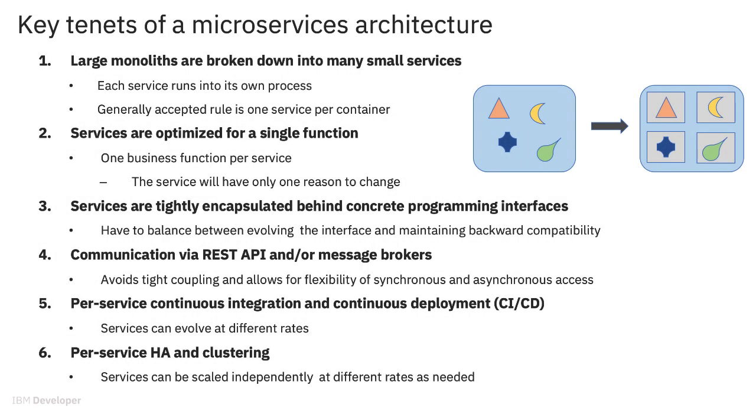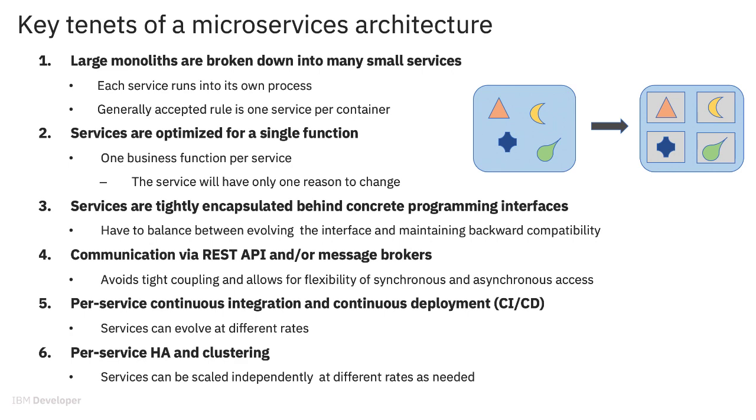Microservices are an interesting thing. There is no single definition that will tell you exactly what a microservice is, but there are some characteristics that pretty much all microservices implementations share. So let's briefly go over those.